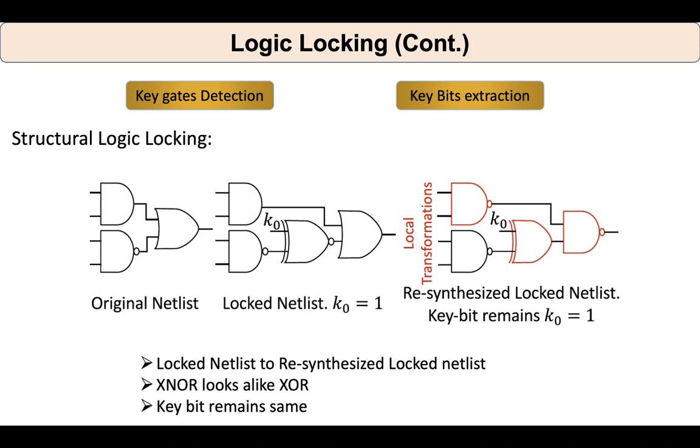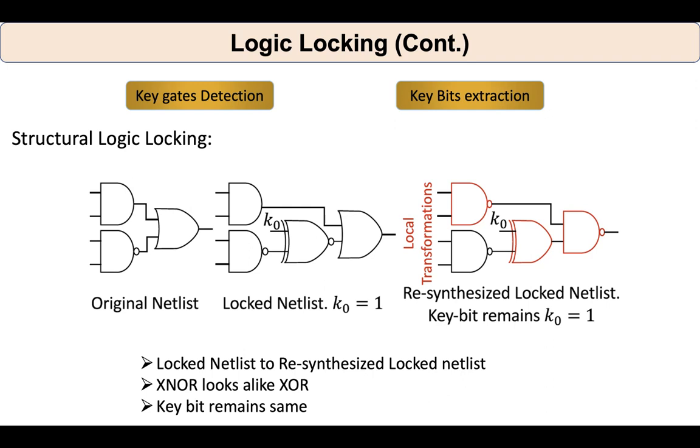Local transformation is very important. Otherwise, it will be very easy to guess the key bits by visiting the key gate. In this example, I have added an XNOR gate into a design.